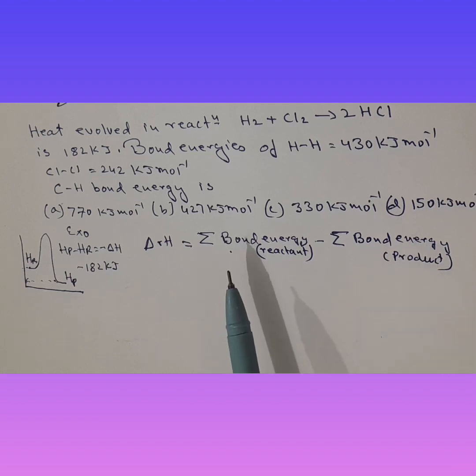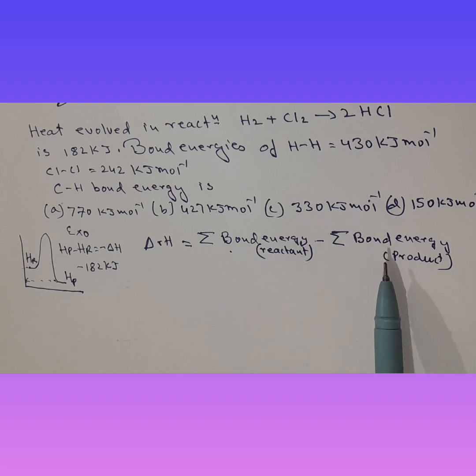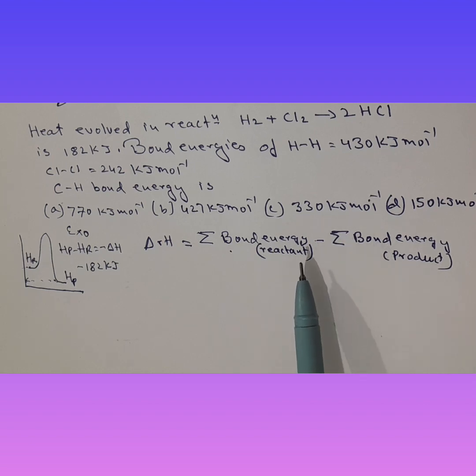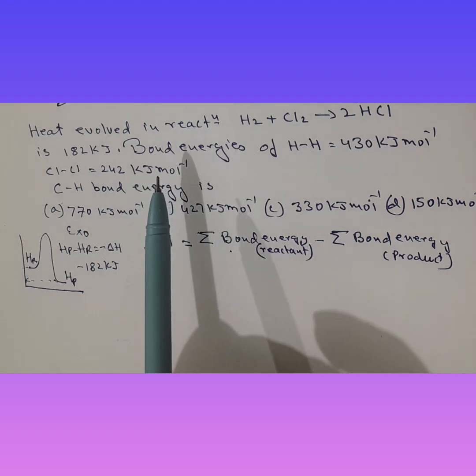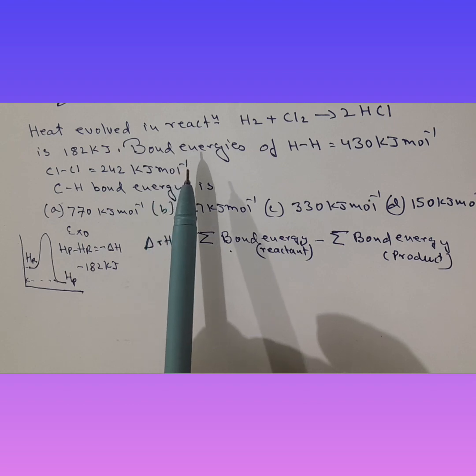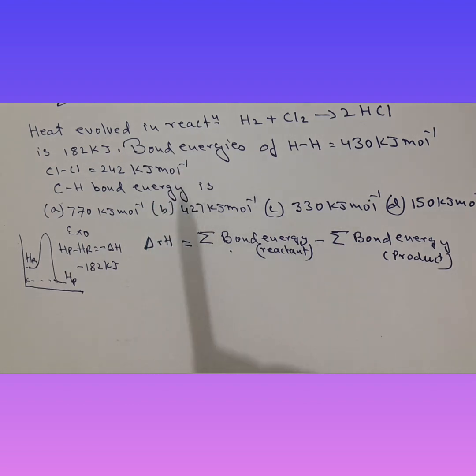Whereas in the earlier numerical that we saw, it was reverse: it was bond energy of product minus bond energy of reactant. Why? Because there it was not bond energies which were provided; it was bond energy for formation that was provided.